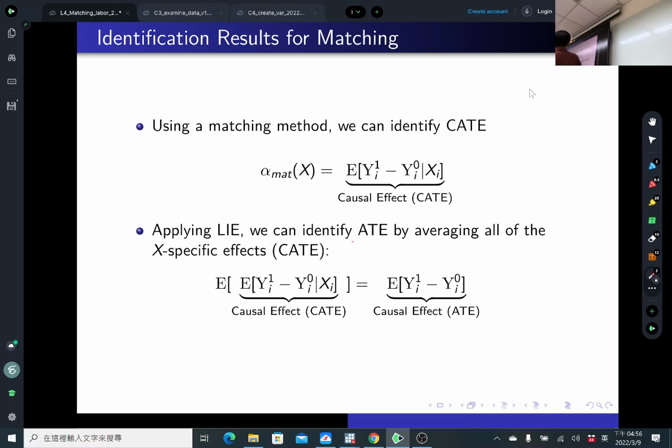And due to the law of iterated expectation, you just take average over the age, the causal effect for the same age, specific value of the age, take over this whole subgroup, and you can get the causal effect for whole population, just due to this law.